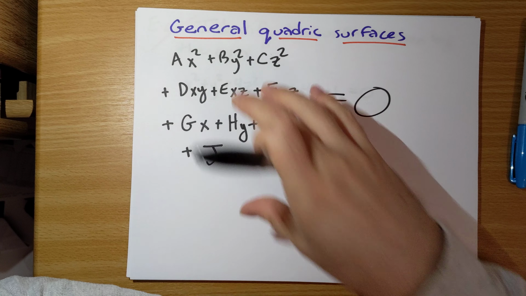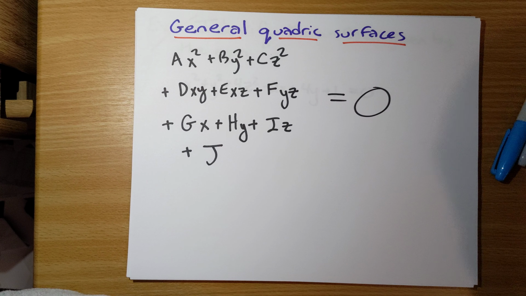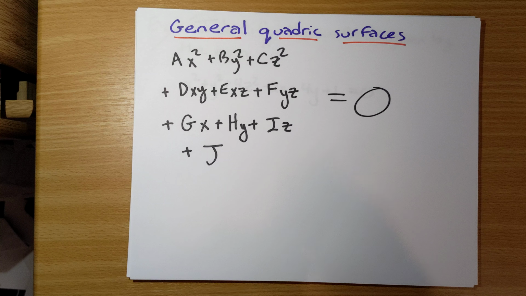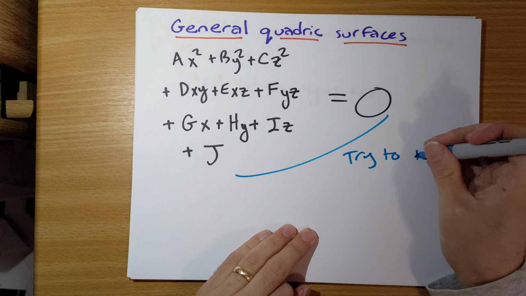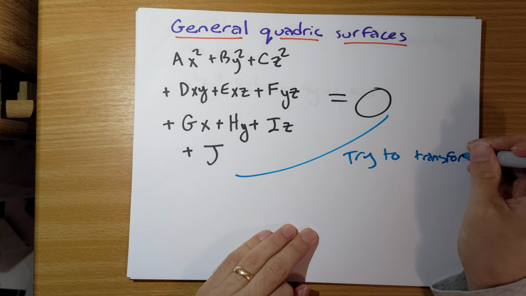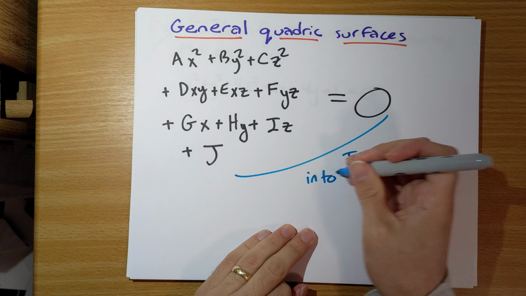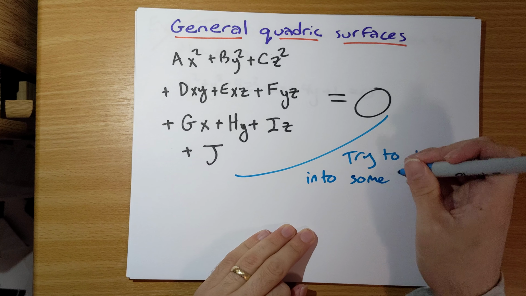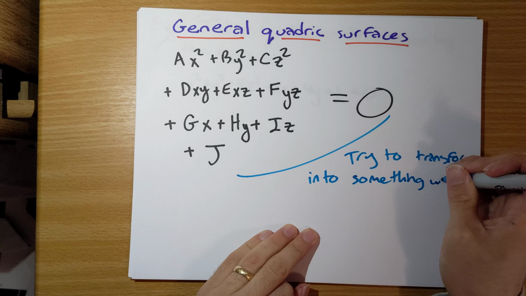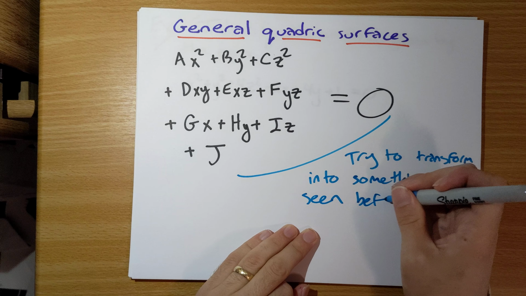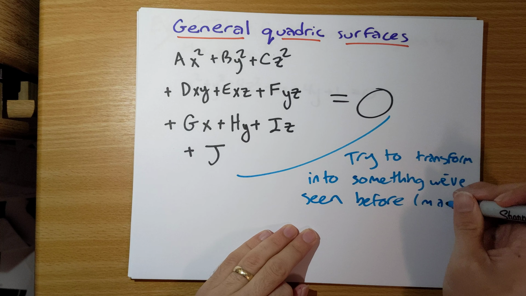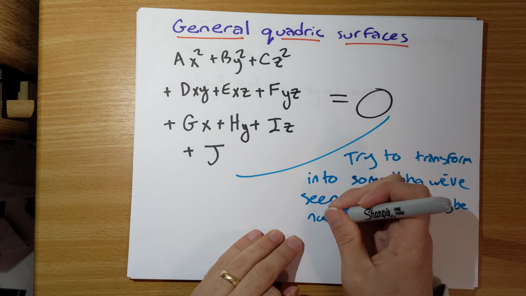We can turn this into something we've seen before, though maybe not centered at the origin. So I'll just write that here: try to transform into something we've seen before, and maybe not centered at the origin.